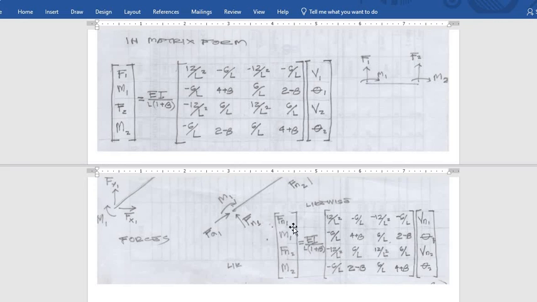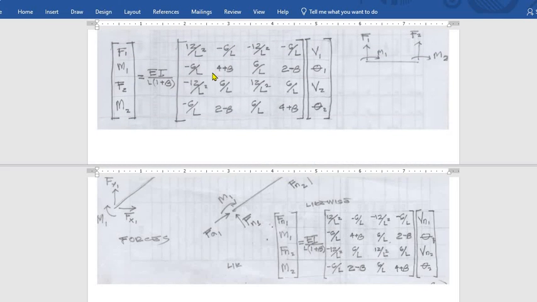So, kay Fn1, ganun din, 12 all over L squared, minus 6 over L, minus 12 all over L, minus 6 all over L. Pero yung kanyang displacement, you also have Vn1, theta 1, Vn2, tsaka theta 2. Mapapansin mo na yung moment 1 dito sa normal is the same as moment 1 dito sa sinolve natin kanina. Okay? You have minus 6 all over L, 4 plus B, 6 all over L again, and then 2 minus B.